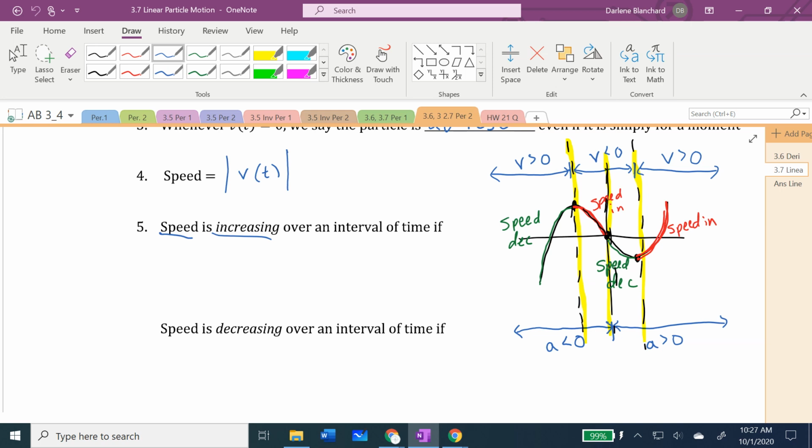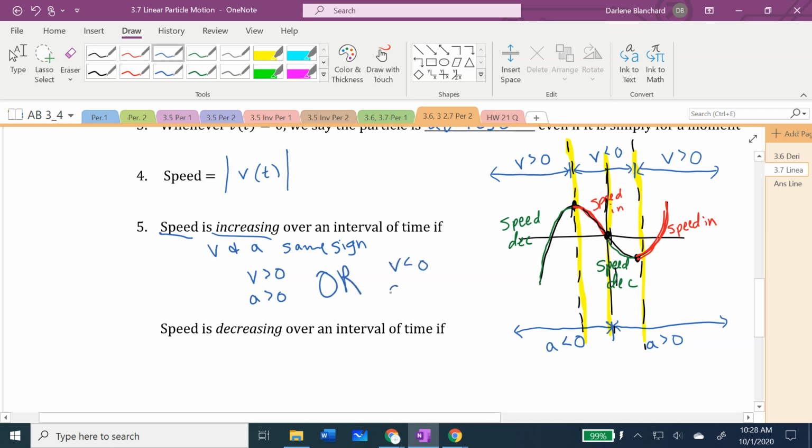You have to say that. So speed is increasing when velocity and acceleration are the same sign. So you would need to state that your velocity is positive and your acceleration is positive. Or you need to say your velocity is negative and your acceleration is negative.